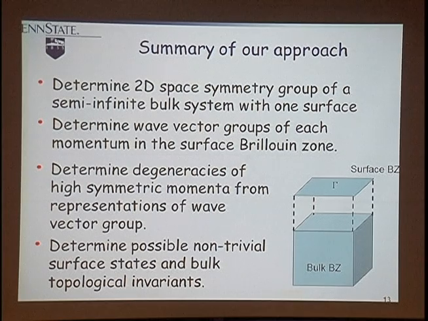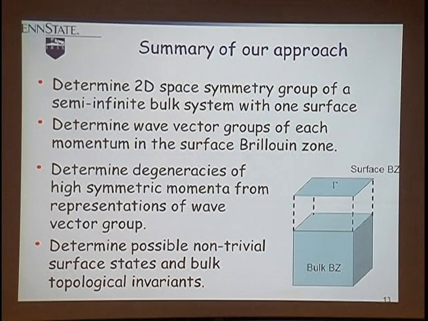So here I will first summarize our strategy for finding non-trivial surface states. First, we determine the two-dimensional space symmetry group: we consider a semi-infinite system with one surface, and we need to identify the two-dimensional space group. The space group forms the Brillouin zone, and for each momentum point, the symmetry operations which conserve this momentum will be different.